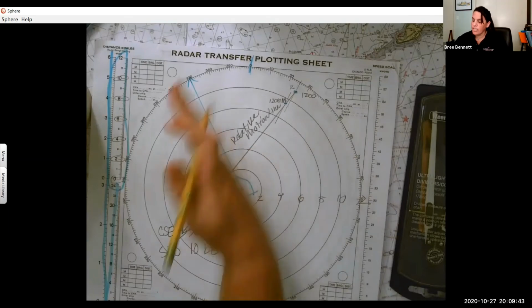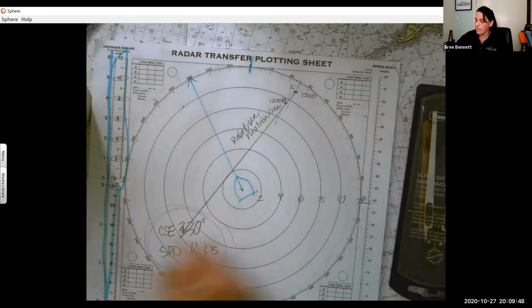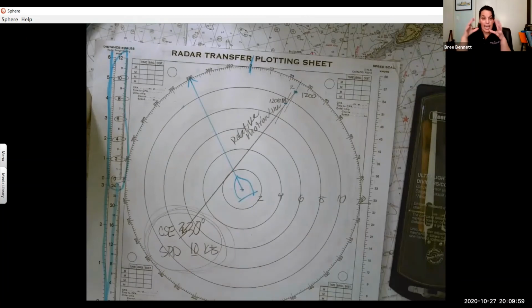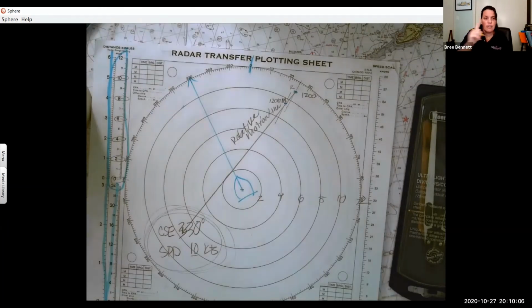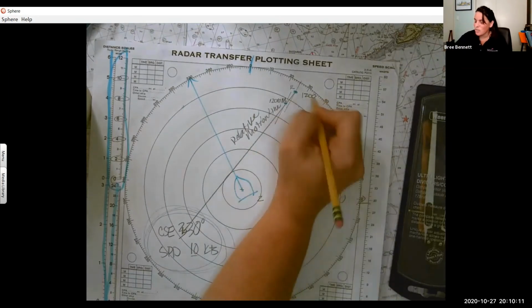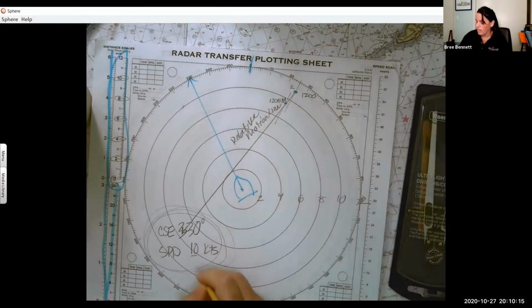Okay, so I want to transfer my line and create this vector. How I create this vector, I make a line in the direction of 330, and I set the distance. I'm not putting this in an hour. I know I said that before, but I'm changing my mind. I'm putting this in 6 minutes because this was at 12 and this was at 12:06. So we have that 0.1.